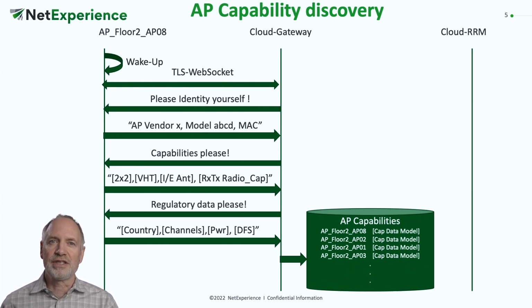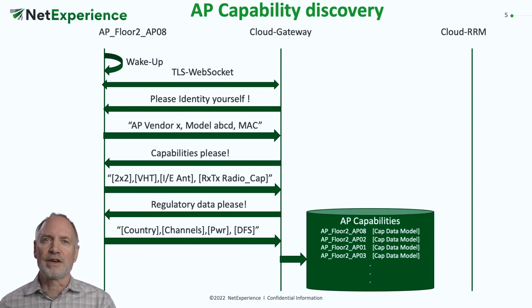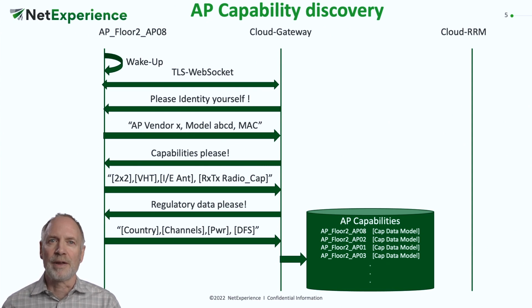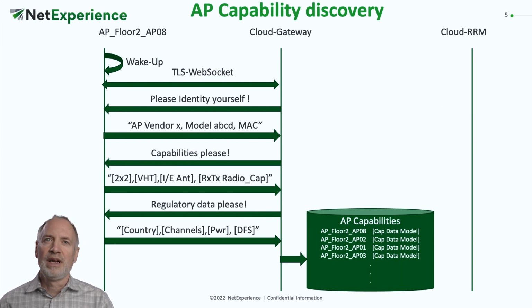Specifically, that communication channel will be terminated on the cloud gateway function. That channel is used to transport telemetry information, but also to push back configuration and control to every access point in the network. Once that communication channel is enabled, the cloud gateway and the AP will exchange capabilities.